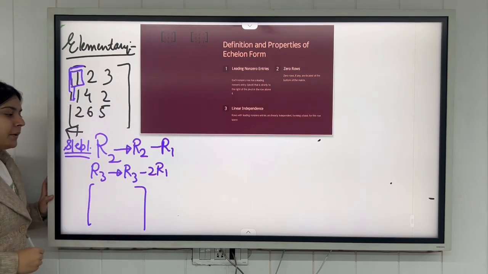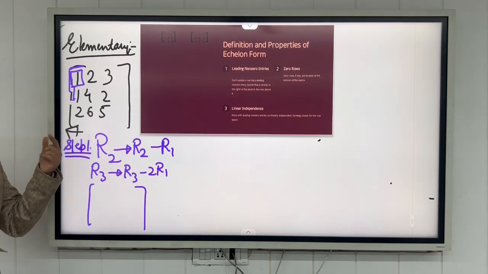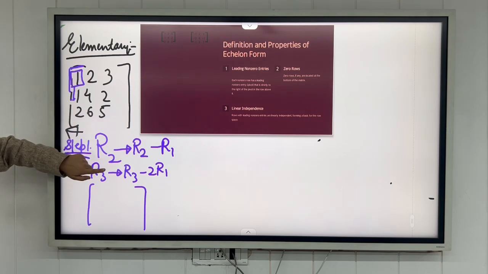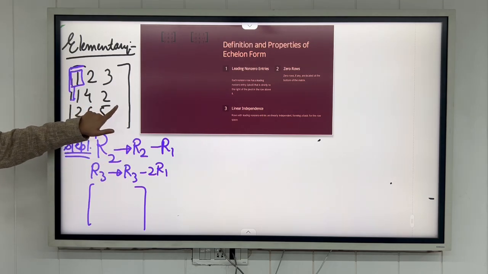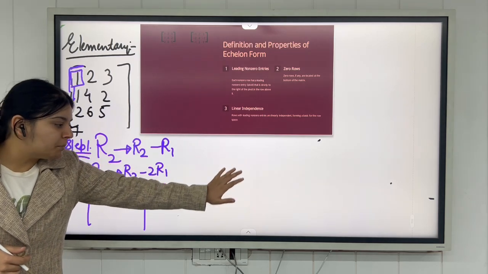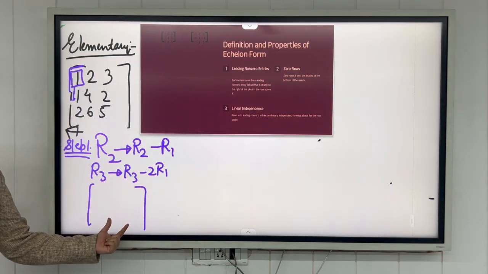When you apply these operations on the matrix, please make sure that you apply them on the first matrix, and after step number 2 comes, you will apply those operations on the step number 1 matrix, right?